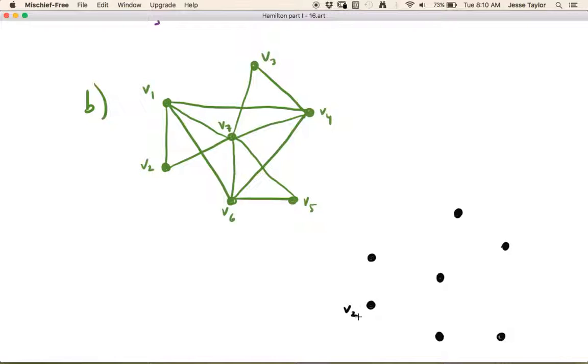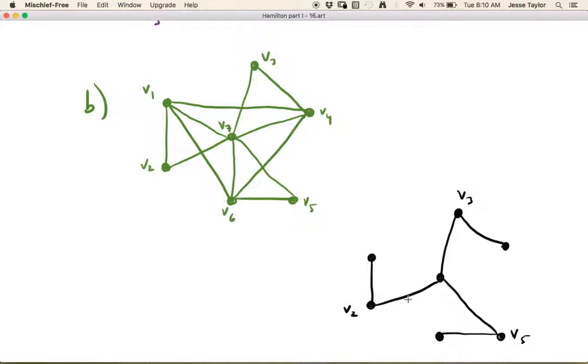For example, this represents V2, and we would have to use both those edges, the edges that we just put the x's on. Similarly, if we want to visit V3, we're going to have to use both of these edges. They're the only two going in and out of V3. And if we want to use V5, we have to use both of these edges.